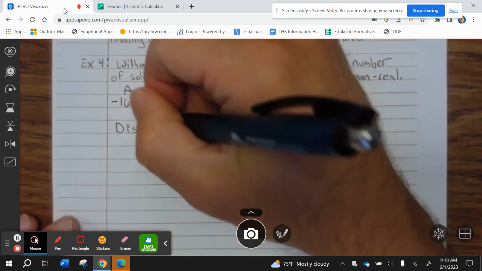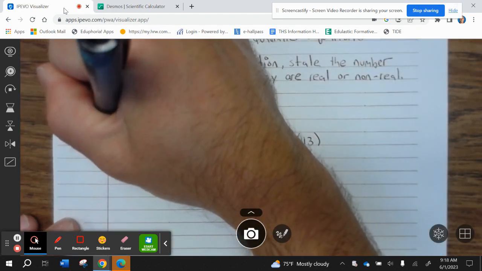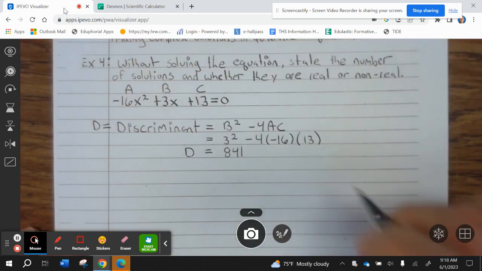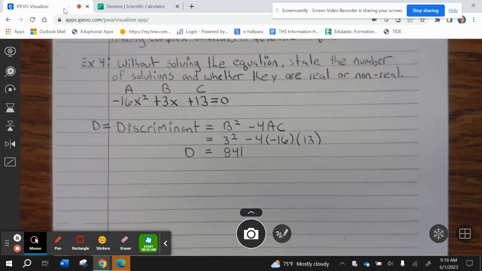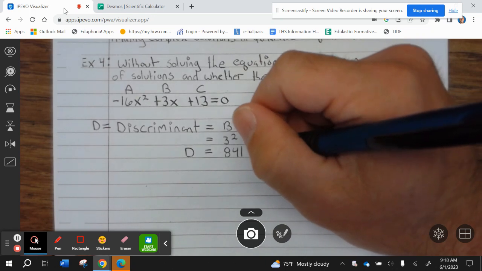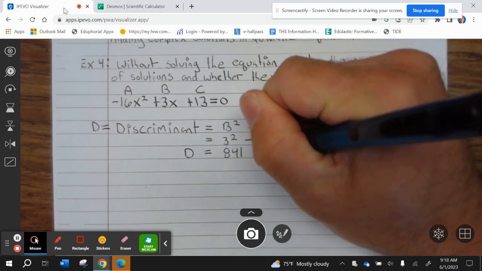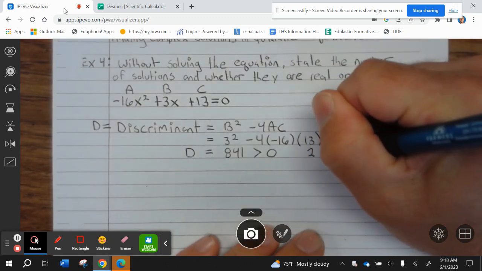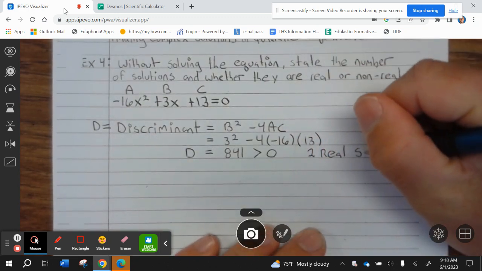All right, which we can use D for discriminant. So the discriminant equals 841, which is greater than 0. So there are two real solutions.